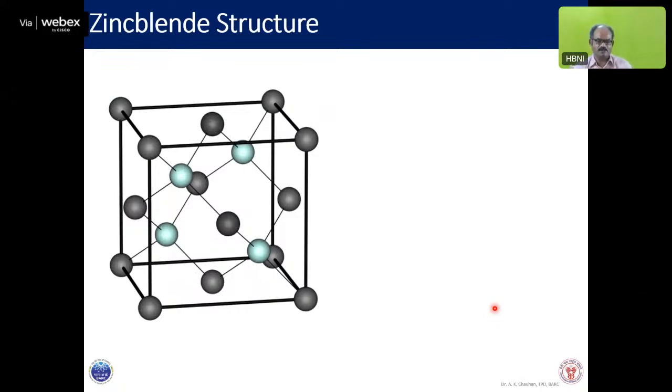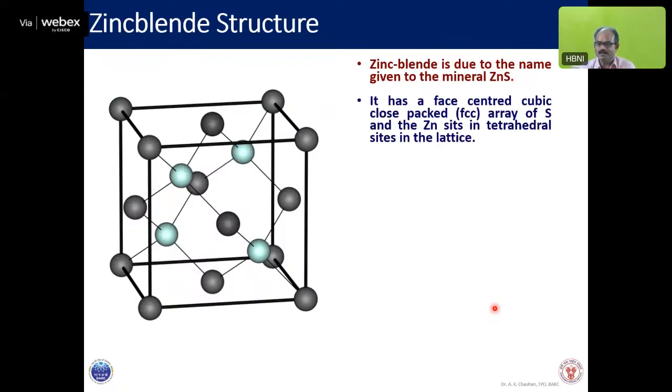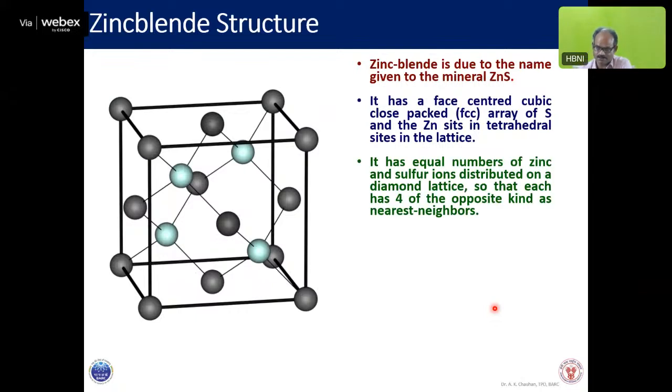Then whatever structure forms, it becomes the zinc blende structure. Why is it important? Mainly because gallium arsenide and zinc sulfide crystallize into this material. Zinc sulfide is also an important semiconducting material, but mainly it is because of gallium arsenide.